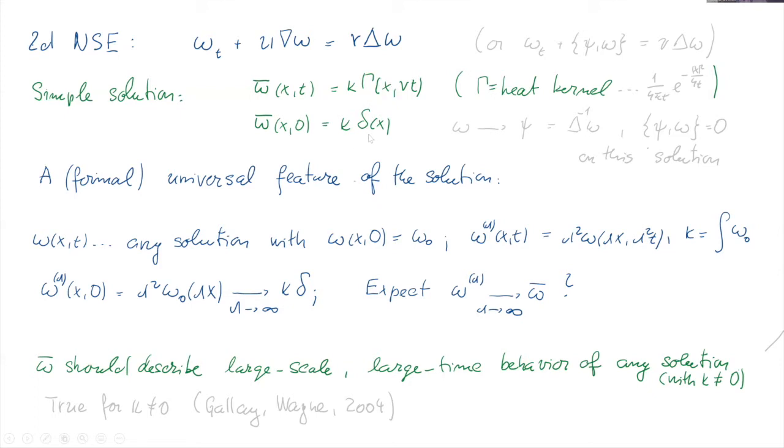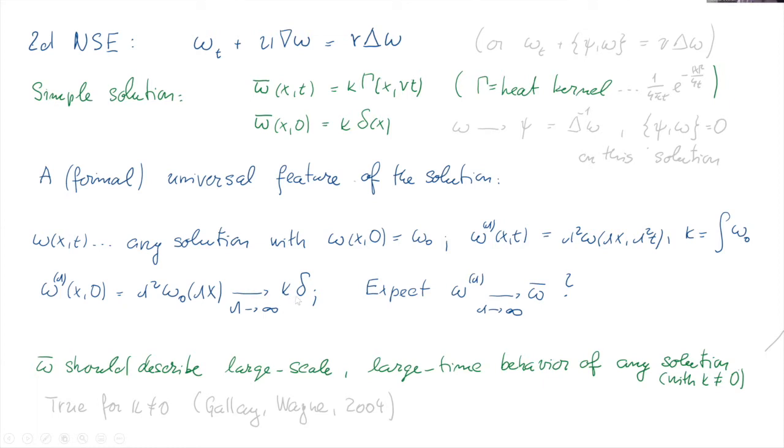This solution has, at least formally, an interesting universal feature. Namely, if you take any solution of the Navier-Stokes in this form, say with vorticity in L1, and you scale it like this, again using the Navier-Stokes scaling, then the initial datum converges to the Dirac mass as lambda goes to infinity.